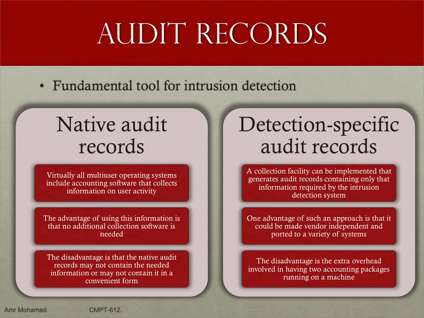Okay? Because for IDS, you may have to design specific audit records. Because the normal logging of the system may not have all the information that you need. For example, correlating and grouping audit records for a certain user, or correlating all the events of the same type, things like that.